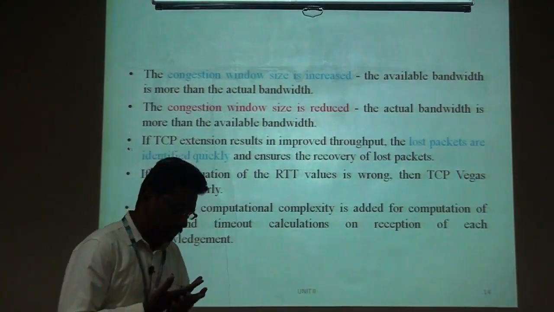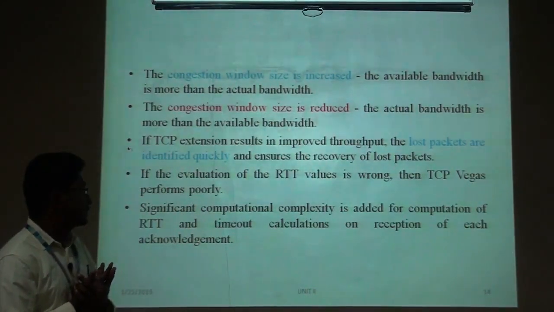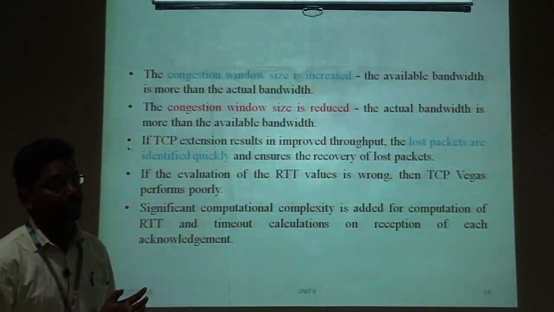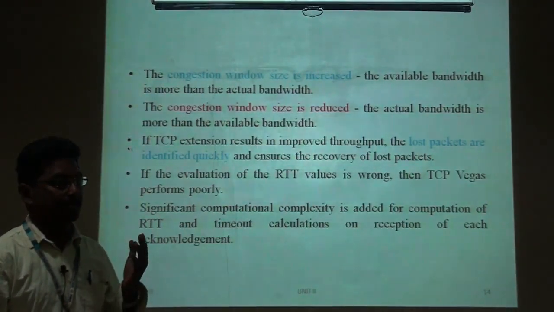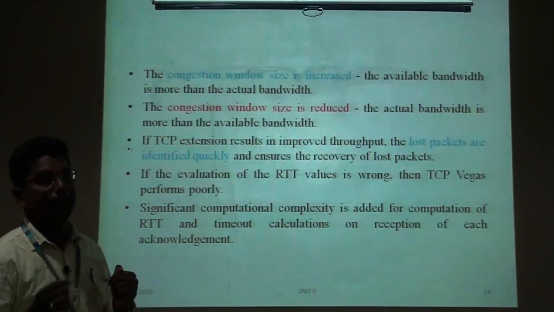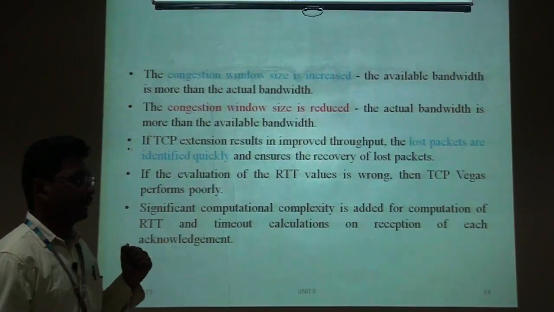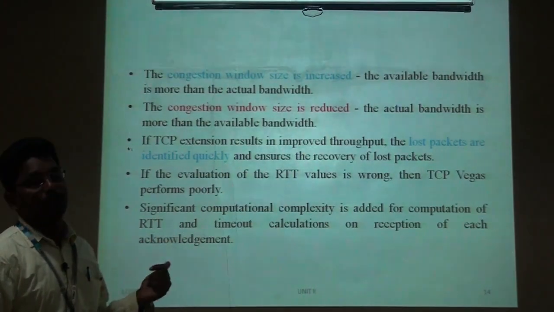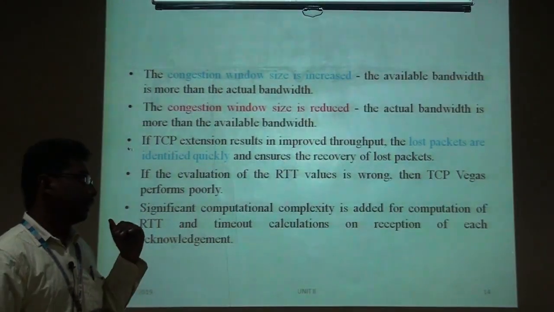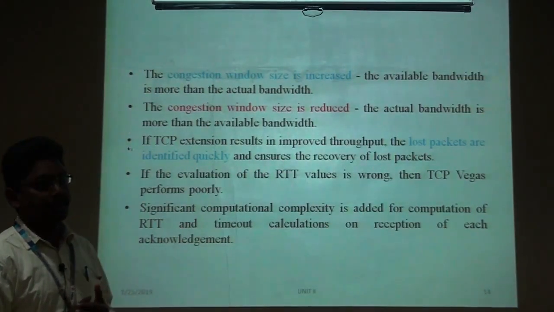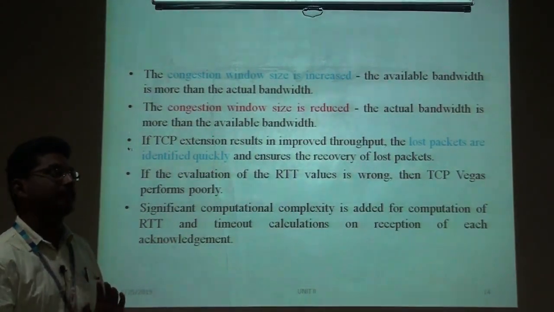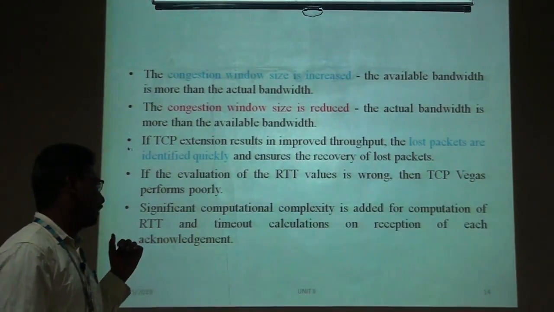Here, the TCP extension results in improved throughput, which means lost packets are identified quickly and only the specific packet is retransmitted. There is a significant computing complexity that we should consider in these congestion control algorithms, which adds to the complexity and also the degradation of the performance of the algorithm.